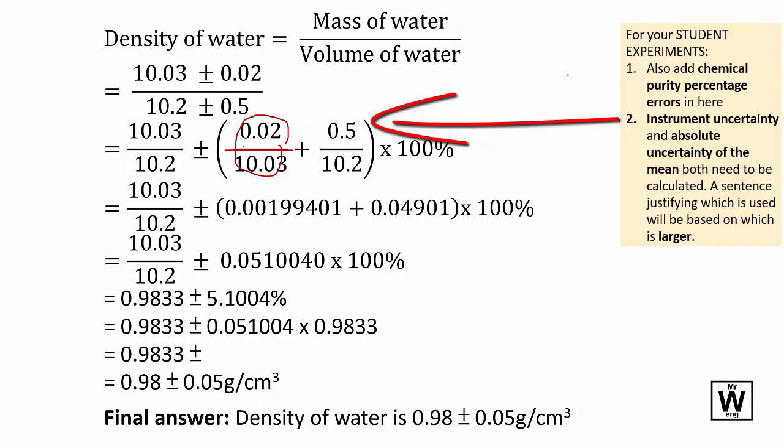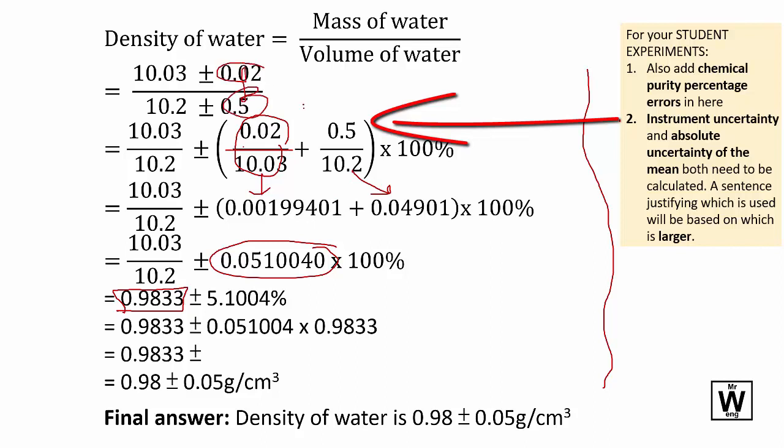Okay, sometimes it's easier just to have your uncertainties as a separate column. This one's a fairly simple one, I've just put it within the actual calculation of density. So the actual calculation of density is 0.9833, and we're going to change that based on what the real uncertainty is. So timesing those things out, we get to these numbers here. So we can add the percentage uncertainties here, and we get about a 5.1% uncertainty that's carried through because of the two uncertainties that we have divided.